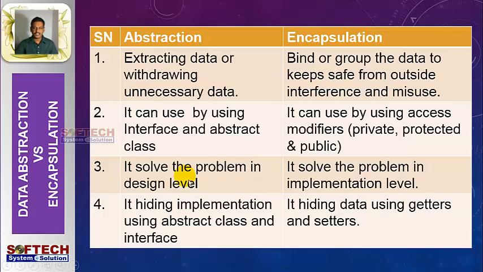Implementation is the definition. We can hide the definition of a function, that is, the implementation of a function, using abstract classes and interfaces. In encapsulation, we hide data using getters and setters. This is the difference between data abstraction and data encapsulation.